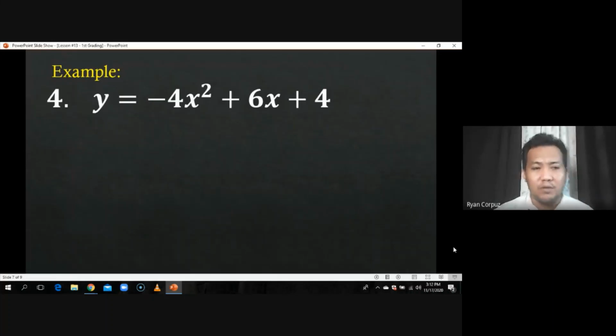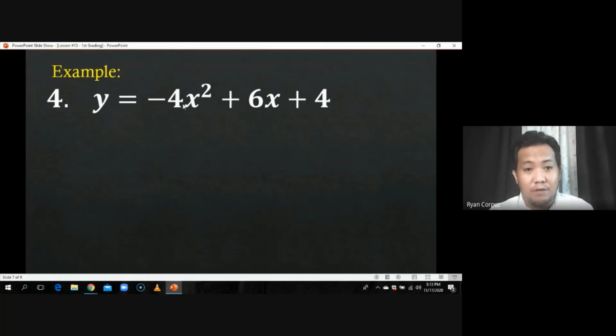So just like what we did on the first three examples, the first thing we're going to do is to transform it into an equation by replacing this y to 0. So when we replace it by 0, let's arrange it already in the general form of the quadratic equation.